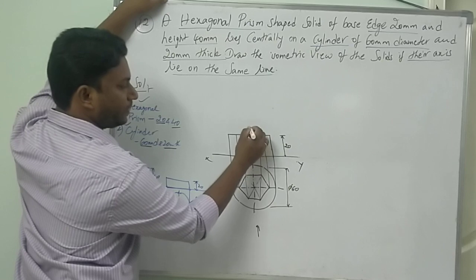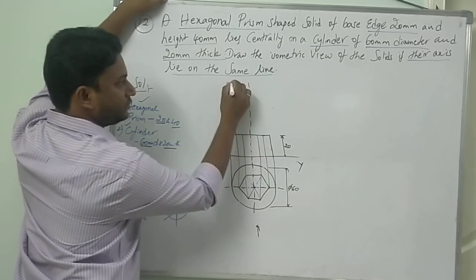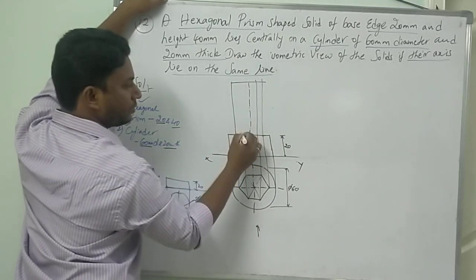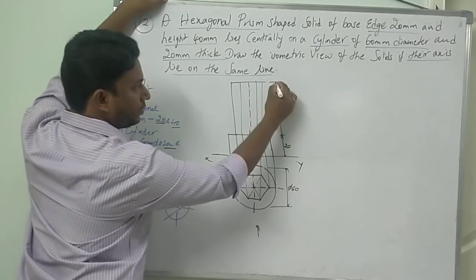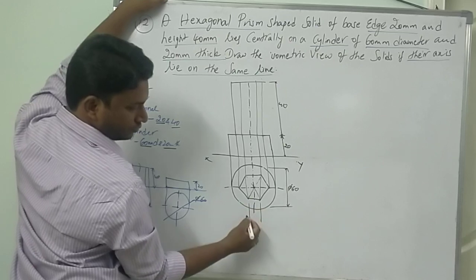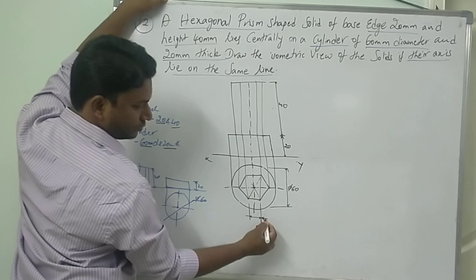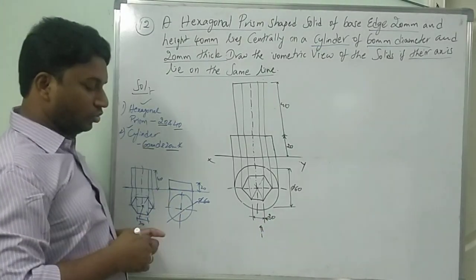From here, with respect to the axis, it is 40. Right? I hope you all understand.